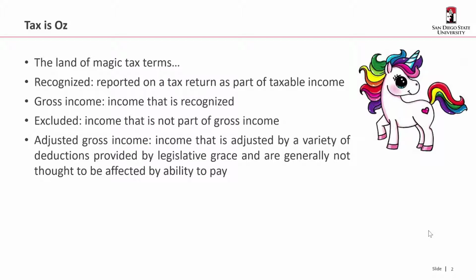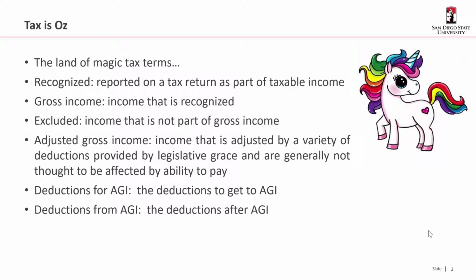And we'll talk about adjustments for AGI and adjustments from AGI. Deductions for AGI. In fact, let's talk about them now. Those are deductions that appear to get to AGI. So they're above the line is the kind of way that's described, AGI being the line. And then deductions from AGI are any deductions that occur after adjusted gross income.